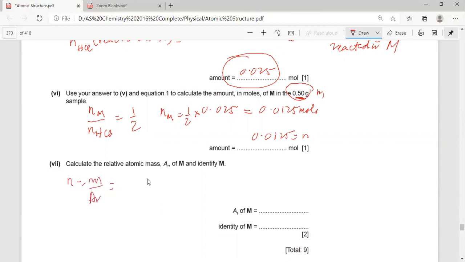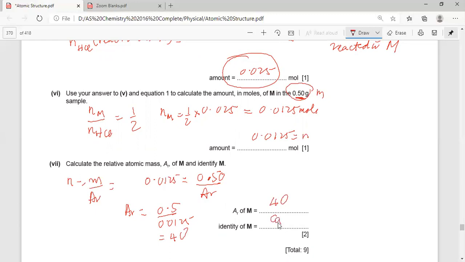So 0.0125 equals the mass, which is 0.50, over AR. Why AR? Because it is an element. So AR equals 0.5 over 0.0125. The answer is 40.